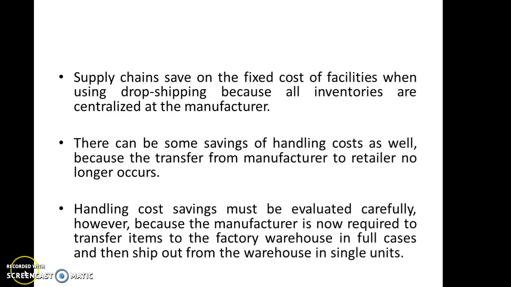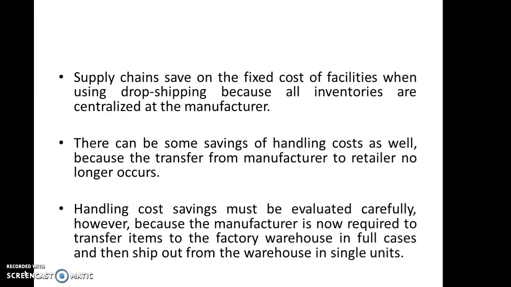Supply chains using the drop shipping method save cost on the fixed cost of facilities, because all inventories are centralized and maintained at the manufacturer side. We can also save some cost on handling, because there is no product transfer from manufacturer to retailer.